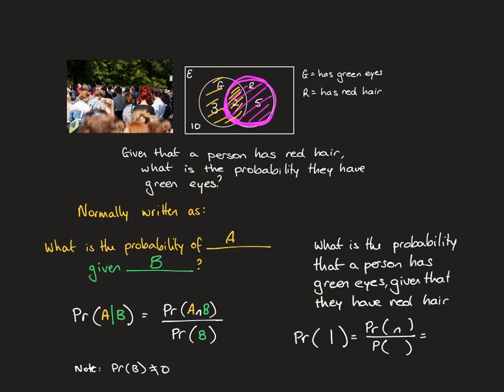The numbers that we used were the intersection of the red and the green, so the intersection of the two things that you're trying to find, divided by the probability of our new sample space. Now this will work as long as the probability of B is not 0. And I want you to notice something really important here, that this is not the probability of A. That's a mistake that people make in the exam.